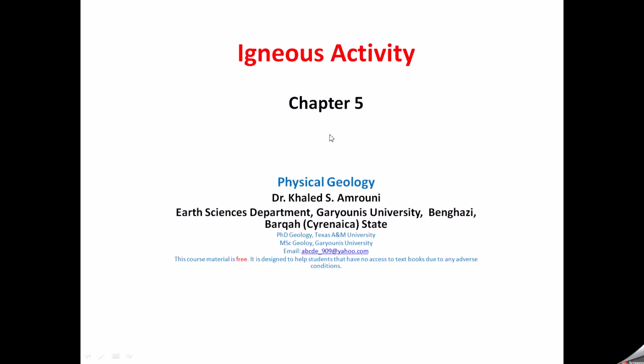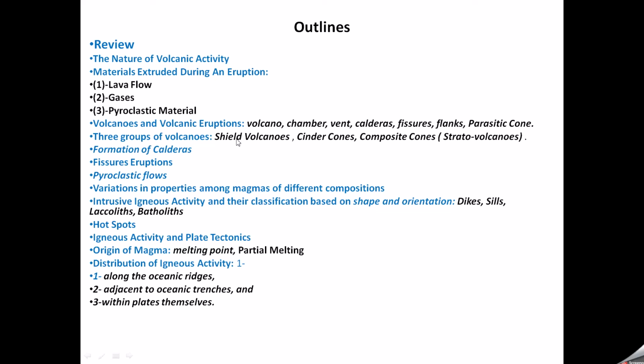And then igneous activity, chapter 5, which will be the nature of volcanic activity, materials extruded during an eruption: lava, gases, and pyroclastic materials. And then volcanoes and volcanic eruptions, the parts of the volcano. The parts of the volcano are the chamber, vent, calderas, fissures, flanks, and parasitic cones.